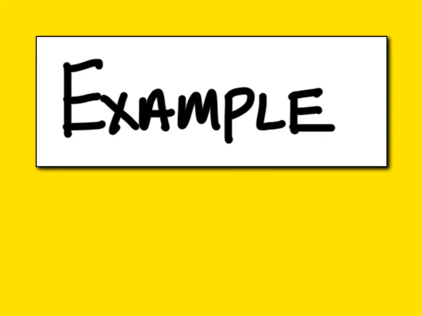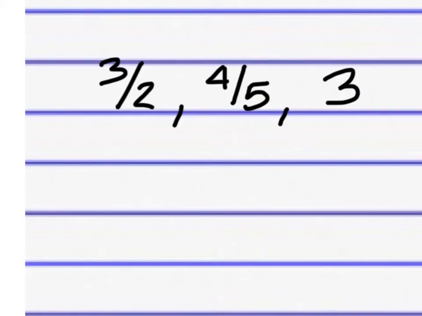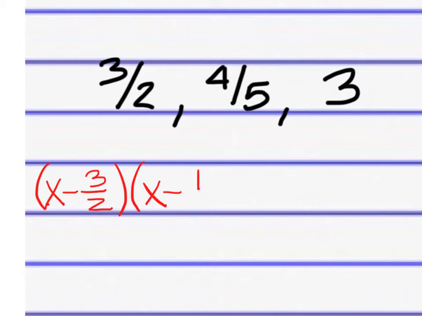Here's another one. 3/2, 4/5, and 3. Generate the polynomial equation that comes from these roots. Change the sign of each when you're putting them into the quantities. x minus 3/2, x minus 4/5, and x minus 3.